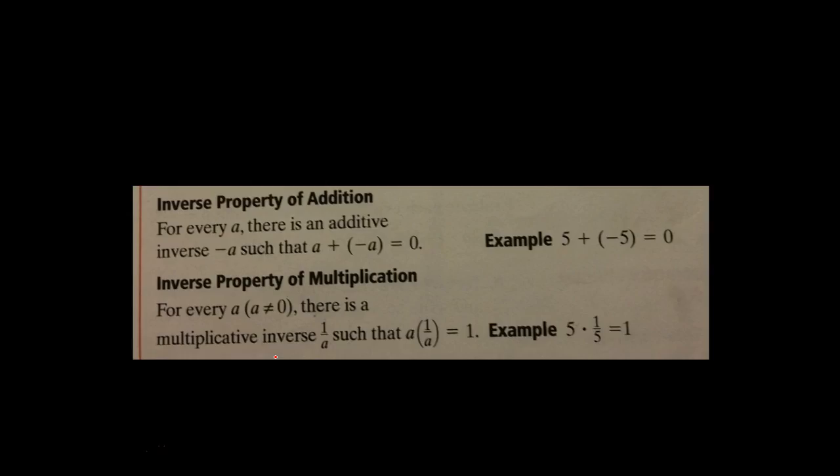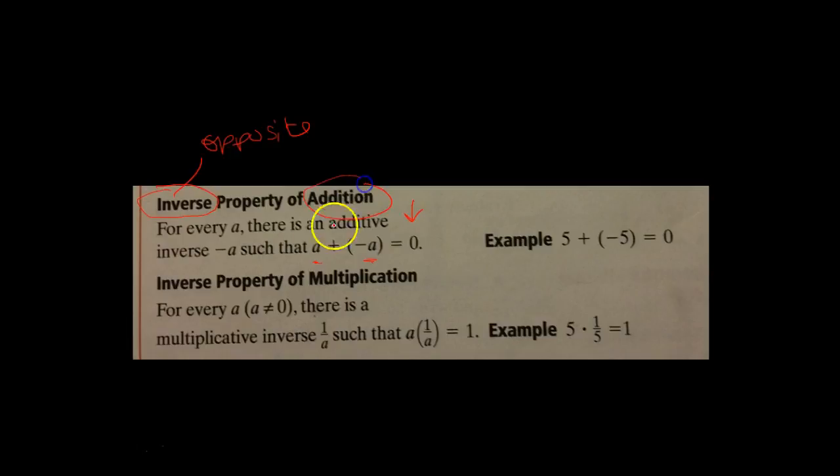Now, inverse, how is that different? With inverse I would just try to remember opposite. Positive a, so you're going to add the opposite, which is negative a, and you're always going to get 0.